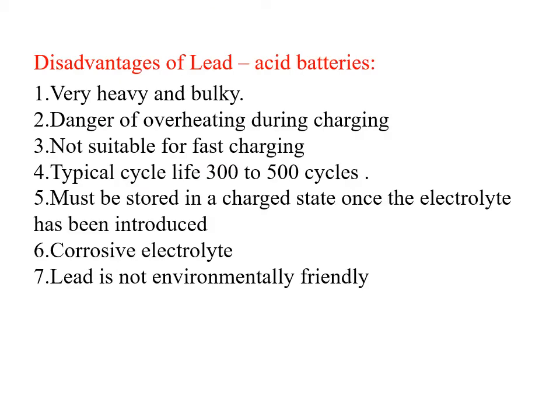Disadvantages of lead acid batteries: very heavy and bulky, danger of overheating during charging, not suitable for fast charging. Typical cycle life 300 to 500 cycles. Must be stored in a charged state once the electrolyte has been introduced. Corrosive electrolyte. Lead is not environmentally friendly.